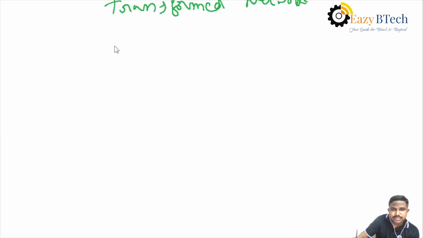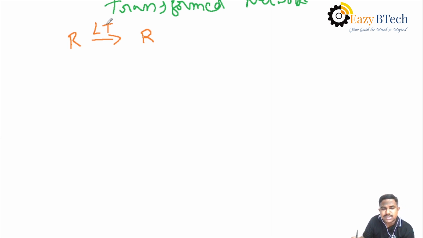That is, if the circuit consists of resistance, then it is a constant value. After changing into Laplace transform, LT is Laplace transform, the element is R. After changing into Laplace also, it is R. It is a constant value.